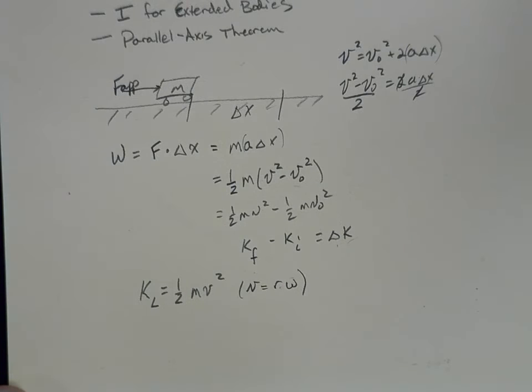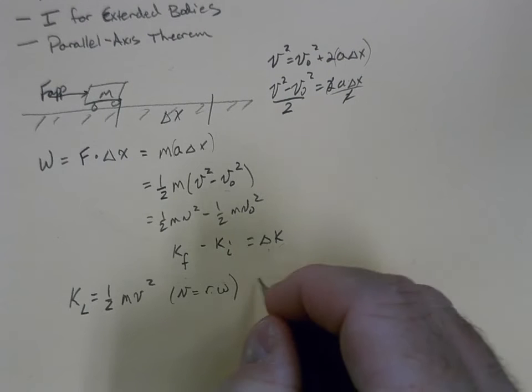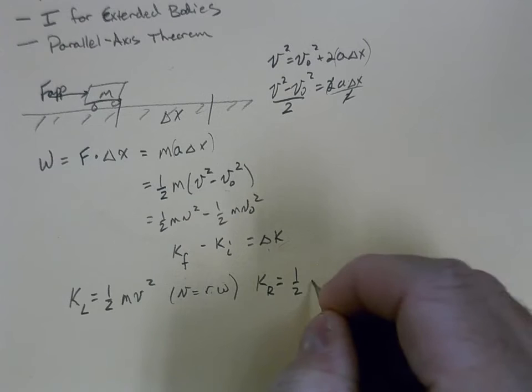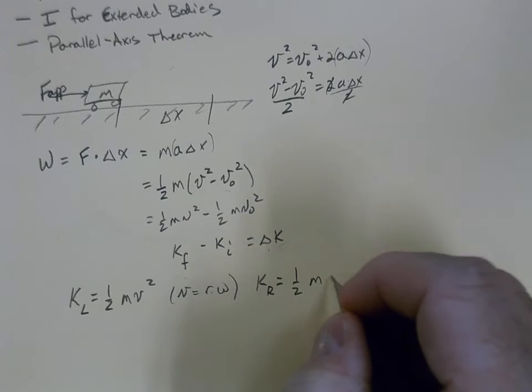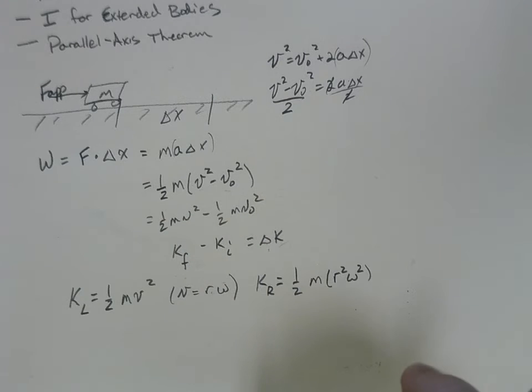We can plug this r omega in where v is, and then we get our version of rotational kinetic energy, which is going to be 1/2 mass r squared omega squared.